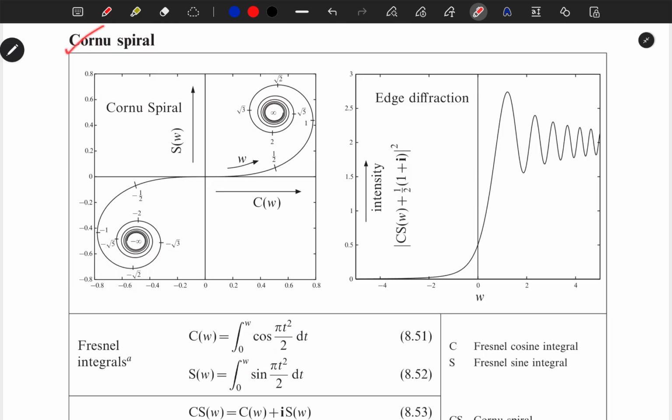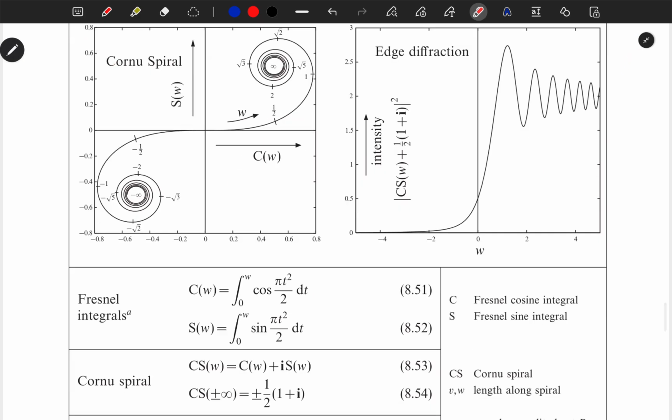Cornu spiral, these are Fresnel's integrals C(w) and S(w). This is the integral from 0 to w of cos(pi t square by 2) dt, and S(w) is the integral of sin(pi t square by 2) dt.